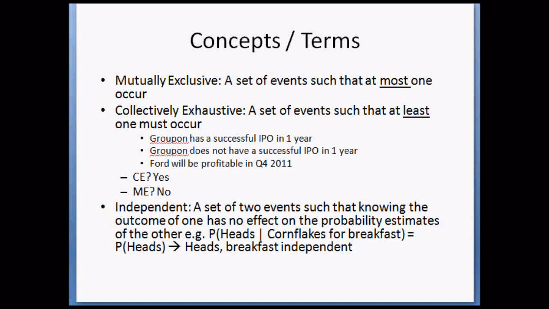So I could add to my list. I've got a penny, a quarter, a nickel, a dime, gum, and a dollar bill. That's my new list. That list is collectively exhaustive because I said I have one coin in my pocket, so at least one of those things is going to happen. Is it mutually exclusive now? No. Why? Because I could have a nickel and gum.